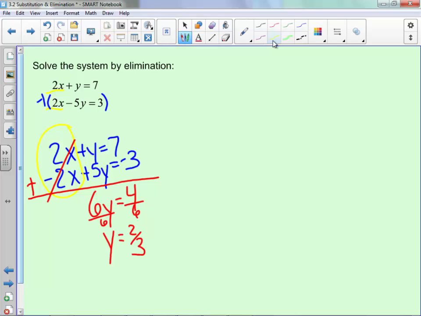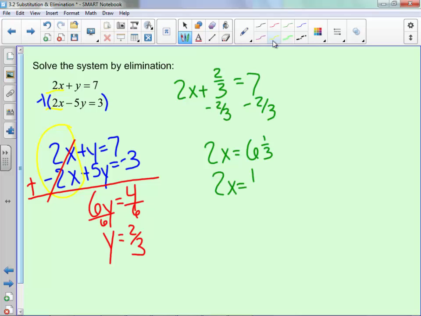Once again, it doesn't matter. I'm going to go with the first one. It'll probably help to get that into a mixed number.